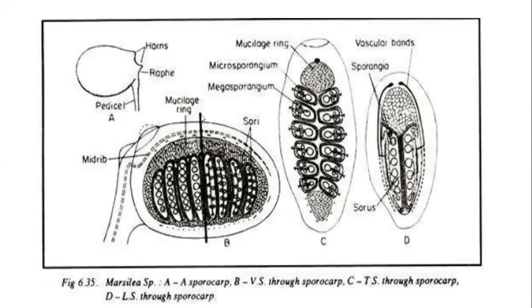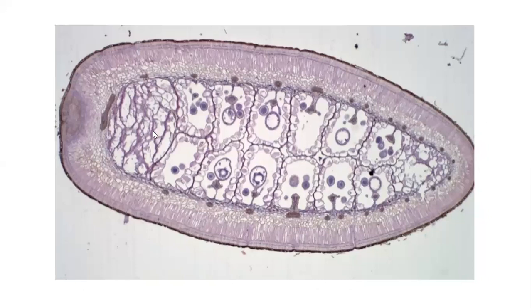When we talk about the structure here, this is a single sorus, and we can clearly see here the microscopic structure. Each one is called a sorus. This is one row of sori and this is another row of sori. The sori of the two rows alternate with each other.